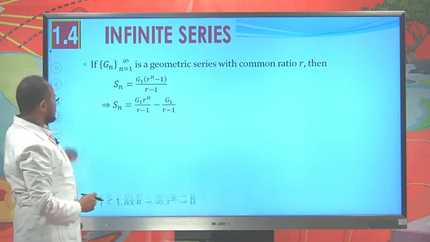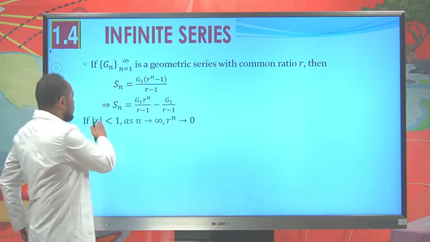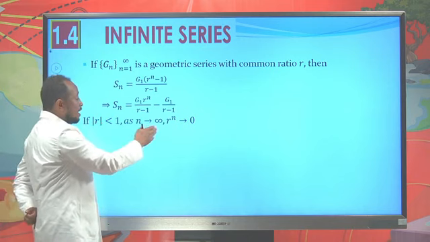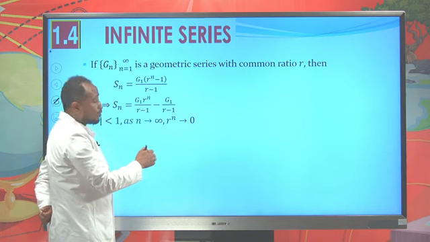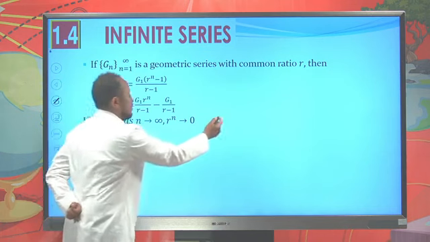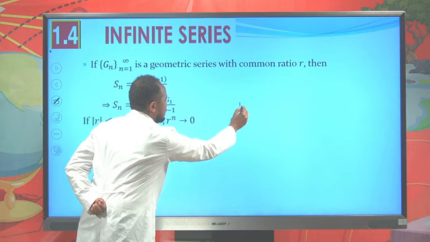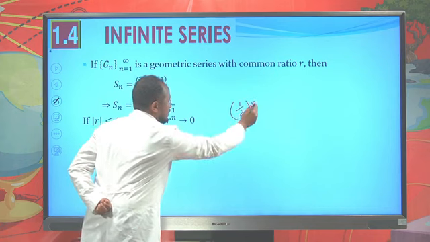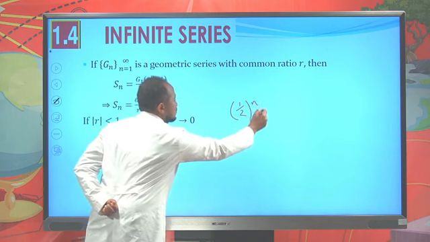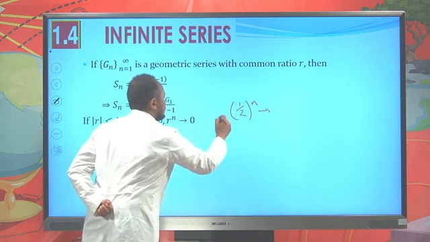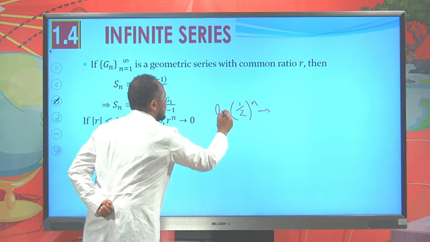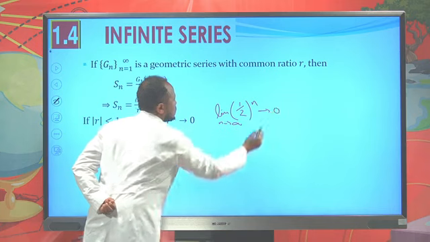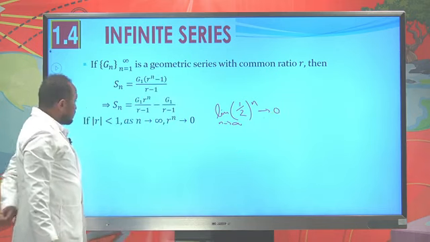But for r between 1 and negative 1, r raised to n goes to 0. Let's take 1 over 2. We have seen this earlier: 1 over 2 to the power of n. When n goes to infinity, the limit of this term goes to 0.